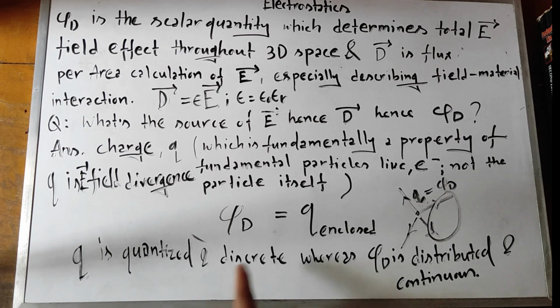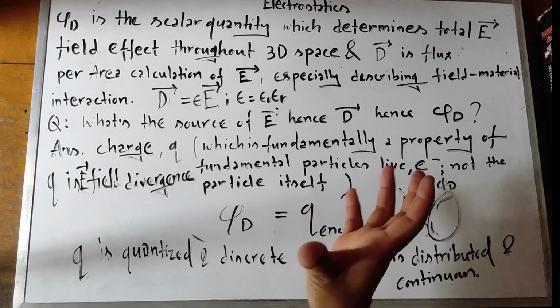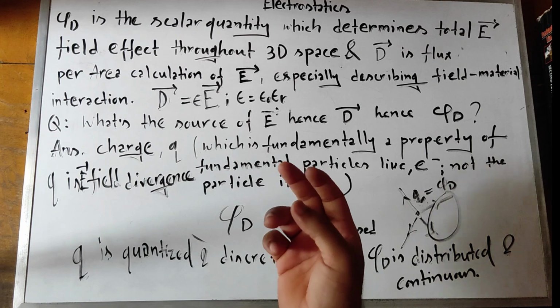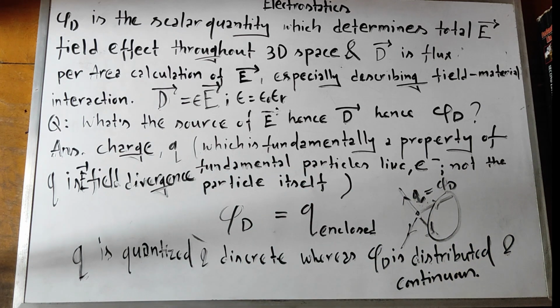So this also indicates that conduction isn't the only mechanism for transfer of energy and momentum. That's because without charge, the field exists, and the field is what stores energy and momentum. So it's very important, and I hope you understand this. Now I'm going to talk about Gauss's law.